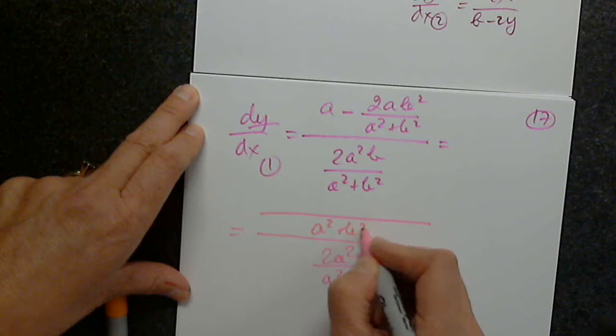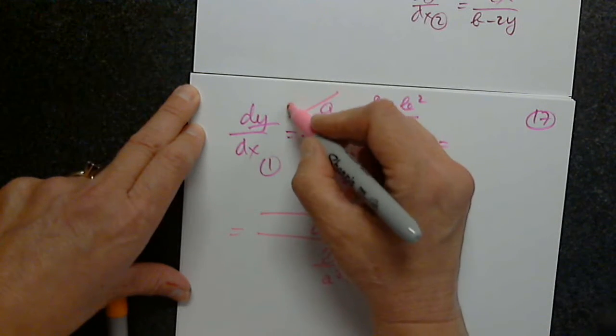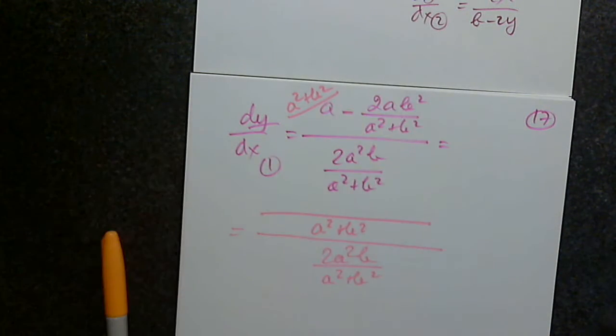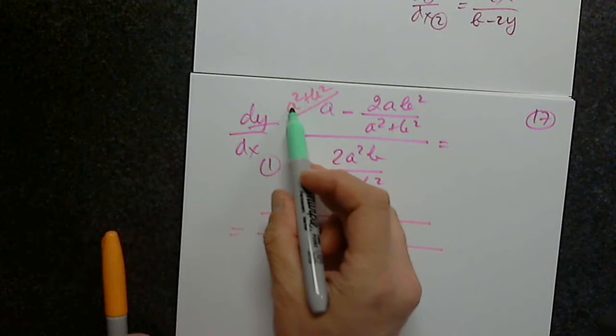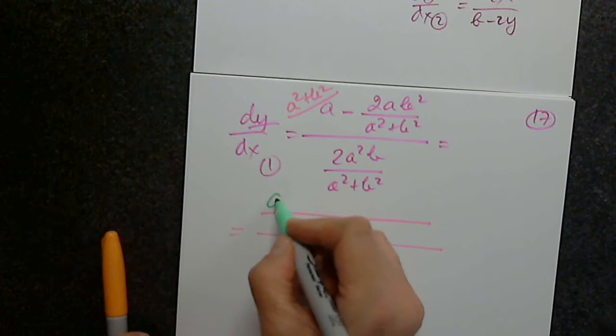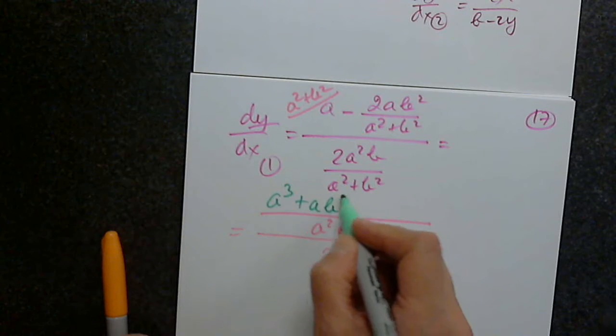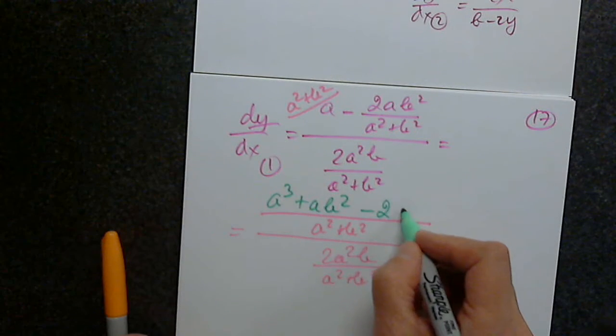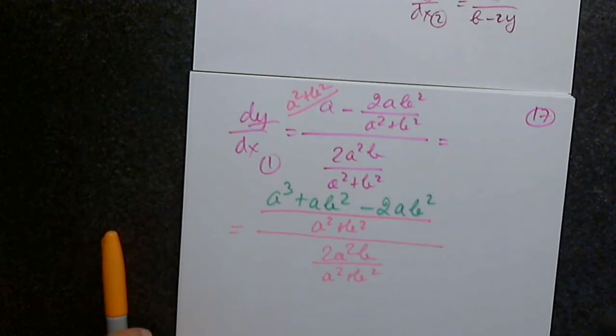Of course, there is no other. So then this is multiplied by a squared plus b squared. So please dictate the numerator. Awesome. Very good. Minus 2ab squared. Great job.